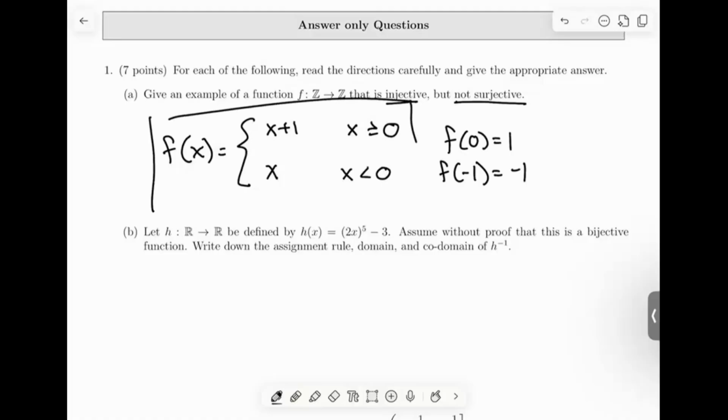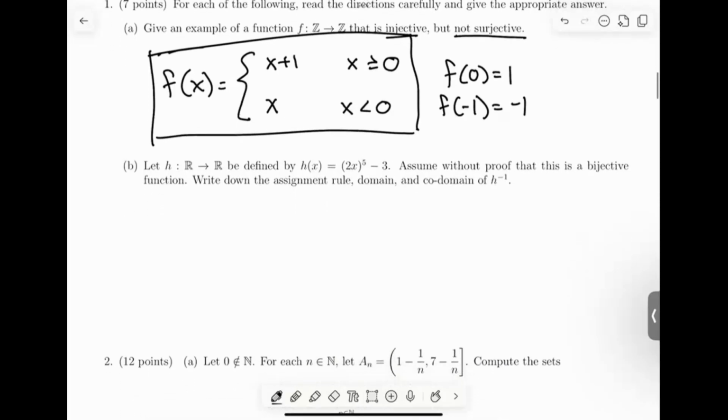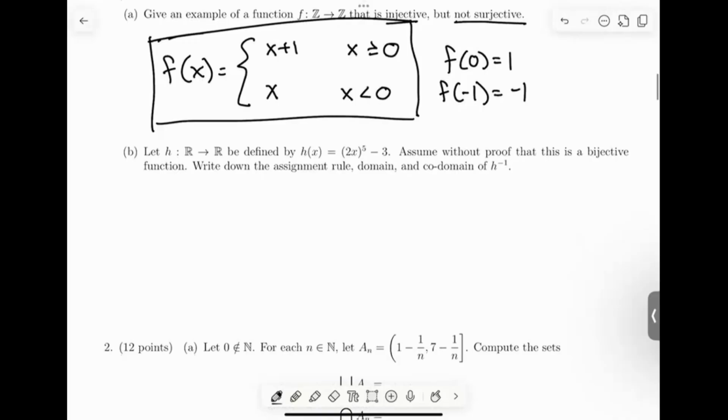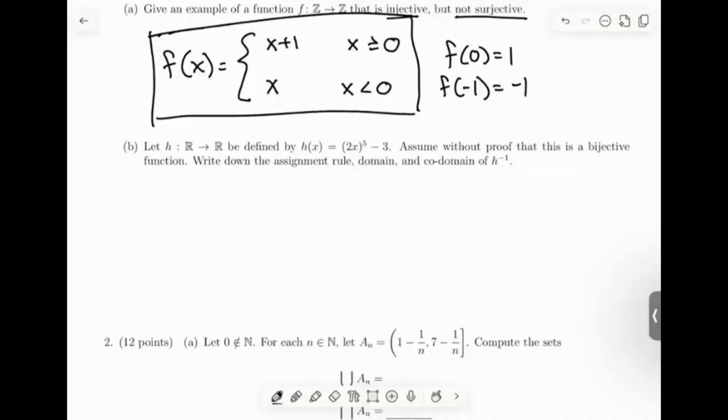Plenty of other examples that you could have come up with. Totally fine. You don't need to justify, but I'm doing that to help us see what's happening. Okay, so H goes from the reals to the reals, and this is its definition. We get to just assume it's bijective. Because it's bijective, we can define the inverse.